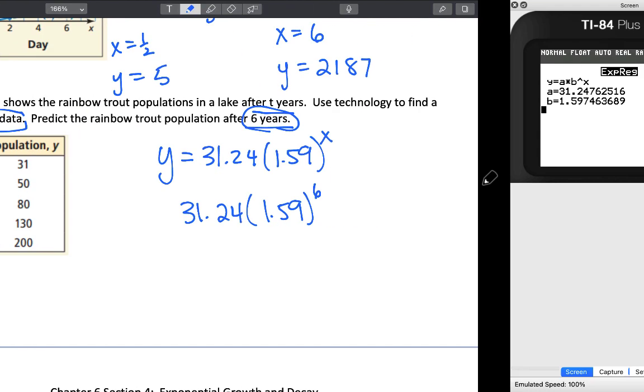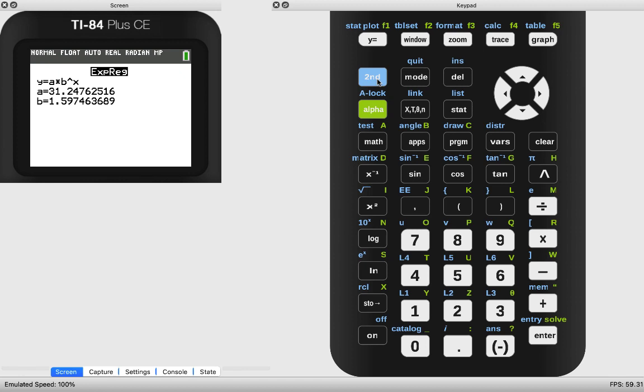So going back to our graphing calculator here, if we go out to our home screen, we can type in 31.24 times our growth factor of 1.59 and raise that to the 6th power. So a pretty good estimate then, it would be right around 504 trout.